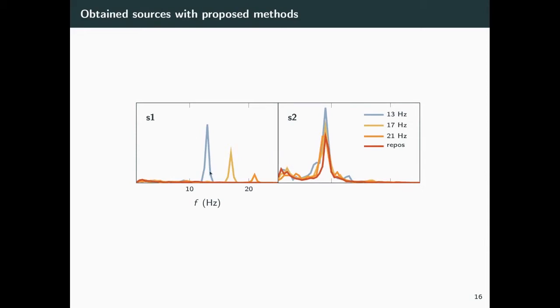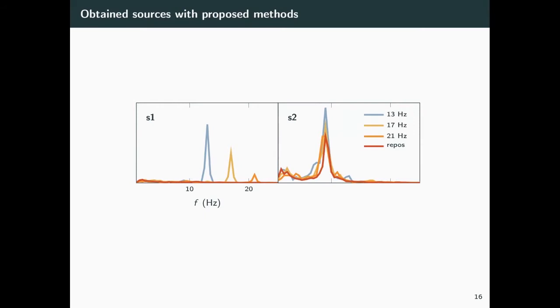A source which corresponds to the SSVEP, where we have the signal at each frequency for the corresponding experimental condition and no signal elsewhere. So it's quite good. And also a source that is consistent in every condition, and which corresponds to the rest of the visual cortex, some baseline activity.